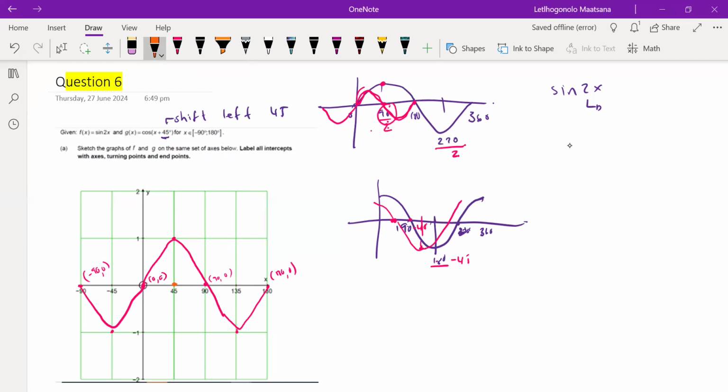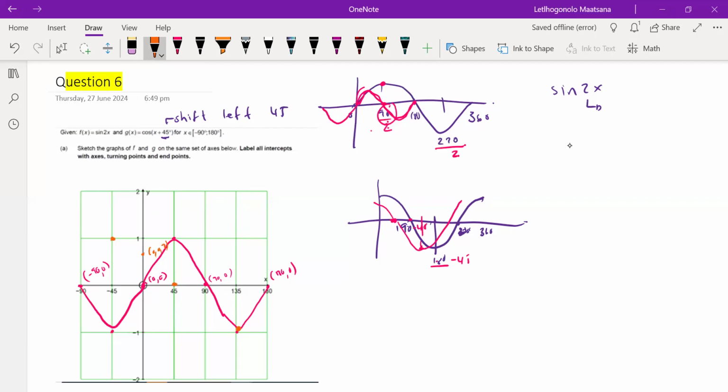So here we're going to have a value there at 45. We're going to have a value there at what else? We were passing here, now it's at 135 instead of being at 180. So then we will have a point at 135 at the bottom here. Then for these values here, you would actually have to use the calculator to find your y-intercept, which is at 0 and 0.7.